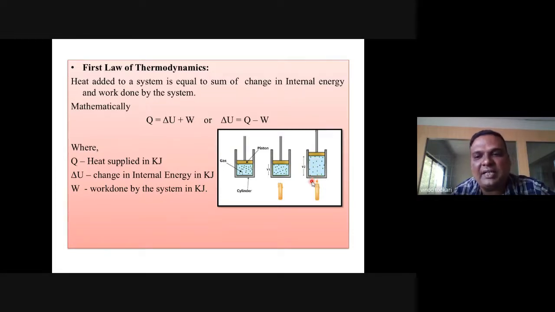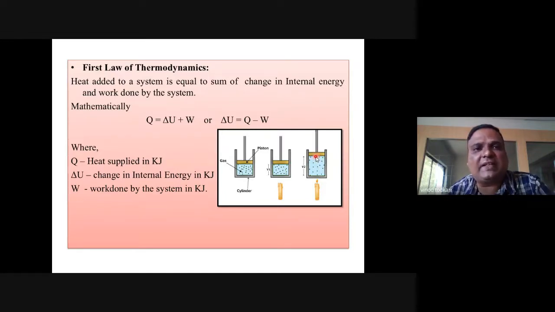But if we measure heat energy and work energy, it is not the same. Let's say we are giving 100 joules of heat to this system, and it is performing a work of 60 joules. Where is the remaining 40 joules gone? The remaining 40 joules is used to increase the internal energy of the system. That energy is stored inside the system, and that is called internal energy.